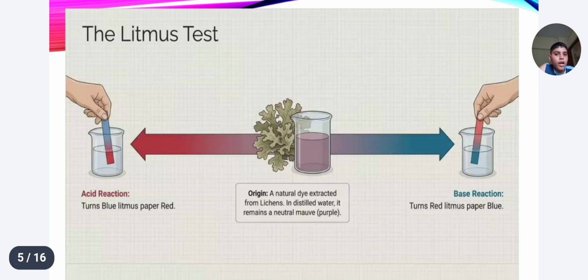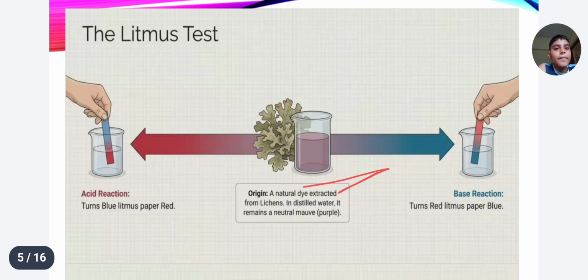Here it is mentioned that the water is blue, violet. So we make this water react with acidic and basic solutions.